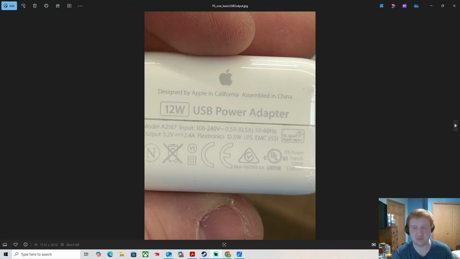So anyway, this is a basic power supply, a 12 watt USB power adapter made by Apple. And as you can see from the specifications on the bottom, input is anywhere from 100 to 240. That's a typical house output voltage from your wall.